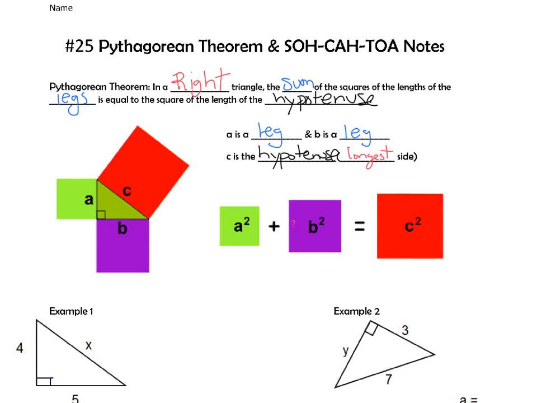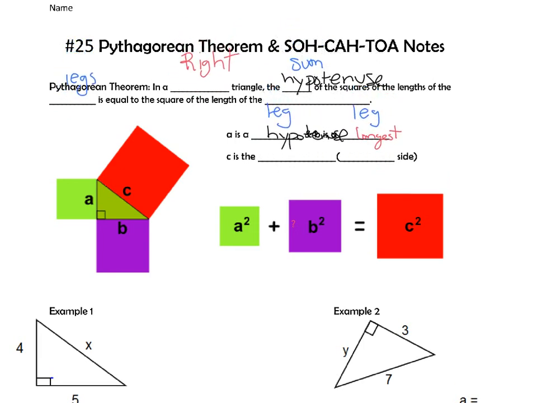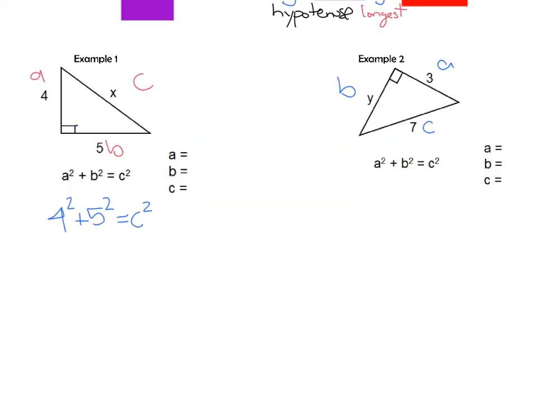Okay, so essentially, if we were to take a squared and add it to b squared, it would then equal our c squared. So let's look at a few examples. All right, so in our first example, we have a is 4, b is 5, and our c value is x.